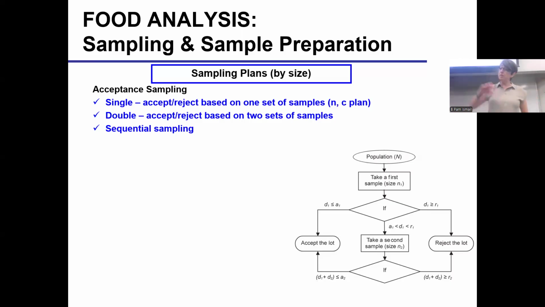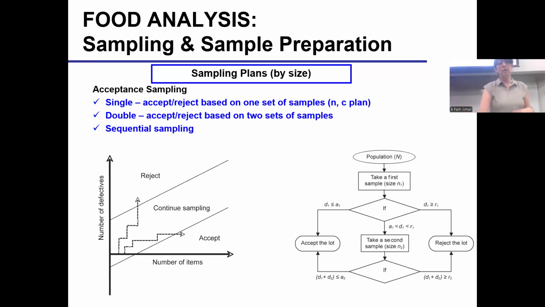Below, accept. Above, reject. But then sometimes you are allowed to have a range. So your value is within what is accepted and what is rejected. So you do testing again. That's called the double acceptance.